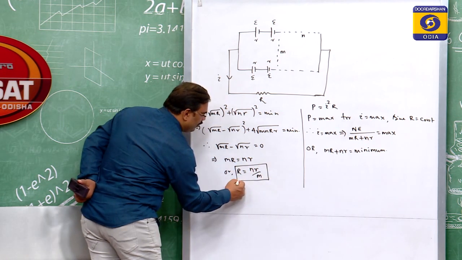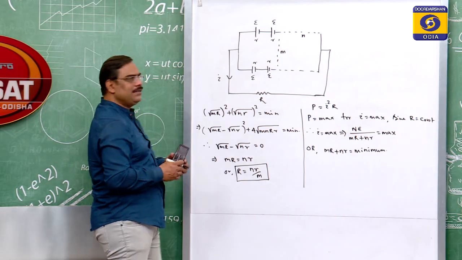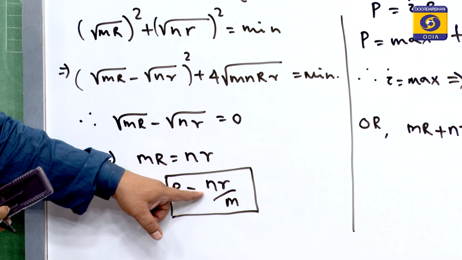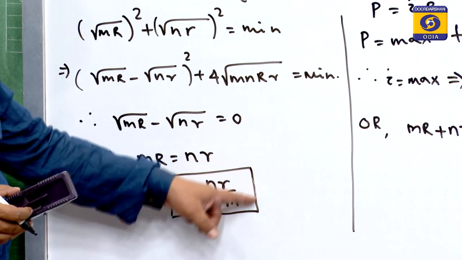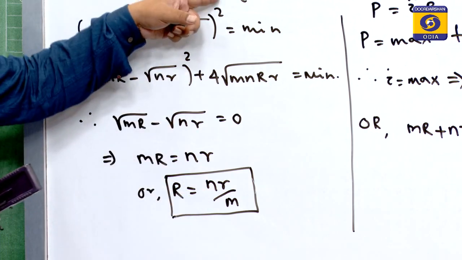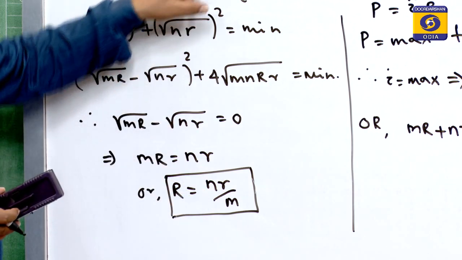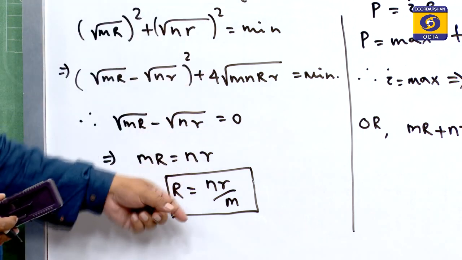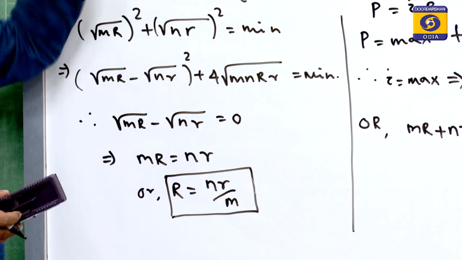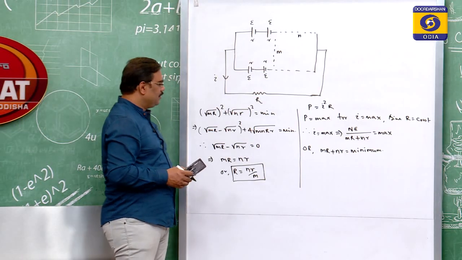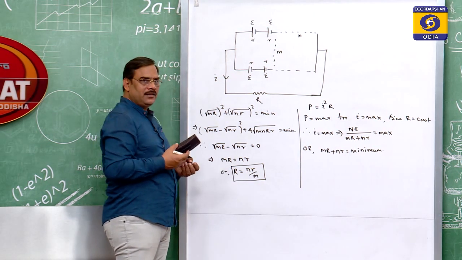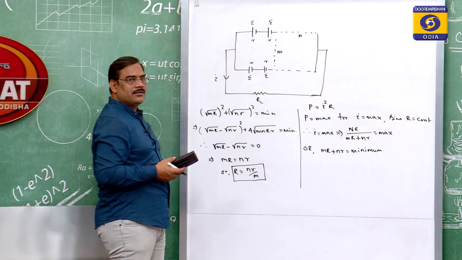This is very important in network analysis. What we get here is that if the external load is equal to the total internal resistance of the system, then maximum power is transferred to the load. This is also known as the maximum power transfer theorem. The external resistance must be equal to the total internal resistance. Technically or physically, it is known as impedance matching in case of electrical circuits.